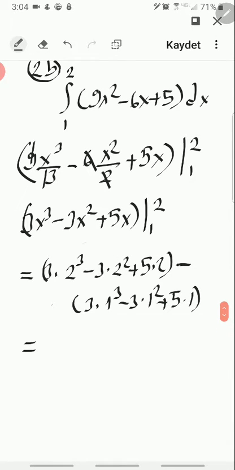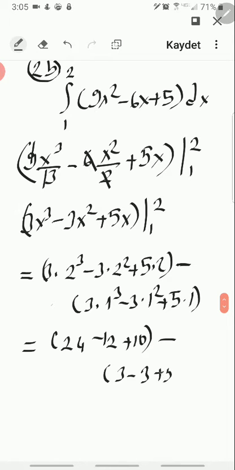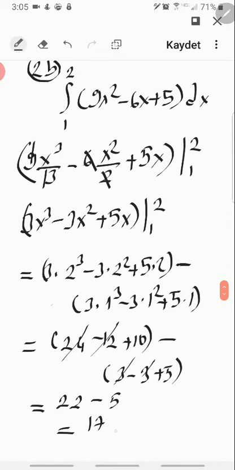Let's simplify. 3 times 2 cubed is 24, minus 3 times 2 squared, which is 12, plus 10, gives 22. Minus, in the second part, 3 times 1 cubed is 3, minus 3 times 1 squared is 3, plus 5. After cancellation, we get 5. If you subtract 22 minus 5, we get 17.